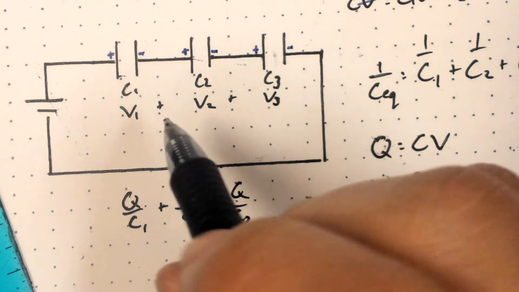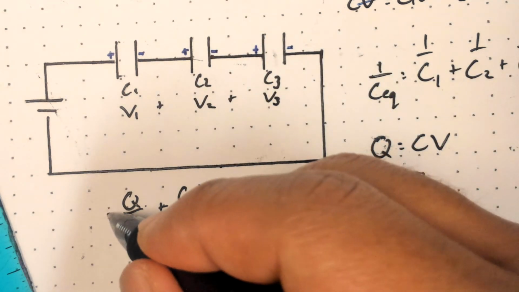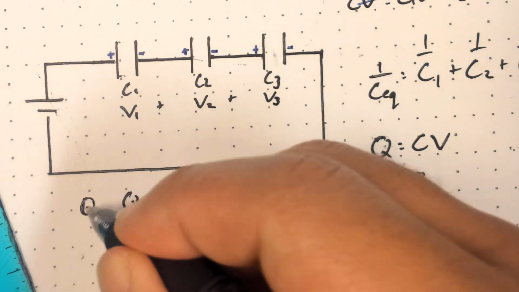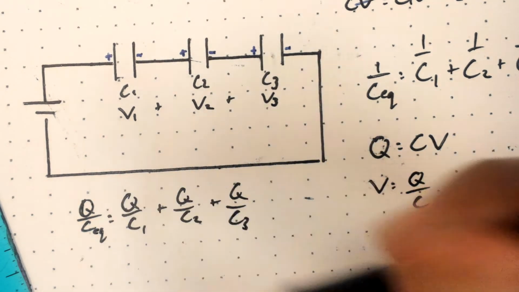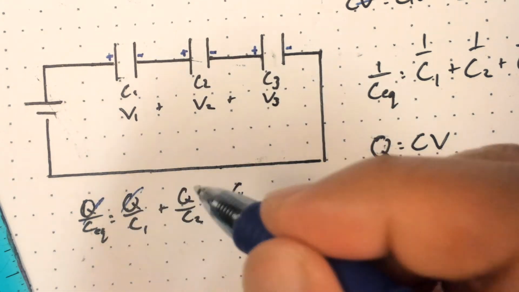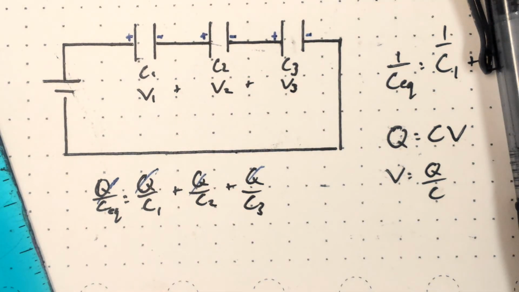And what we said earlier was that the charge deposited on one is the same as the charge deposited on all. And so we would get the same amount of charge, which means that all these Q's cancel out. And that shows you that the way that you add capacitors together in series is to do the 1 over thing. Alright, I'm going to end that here.